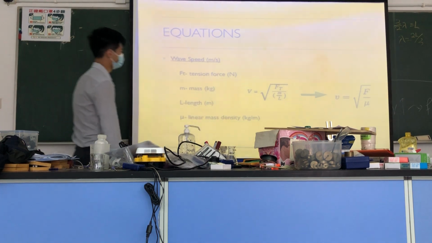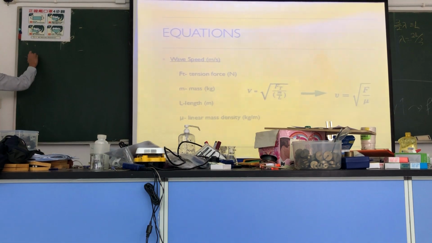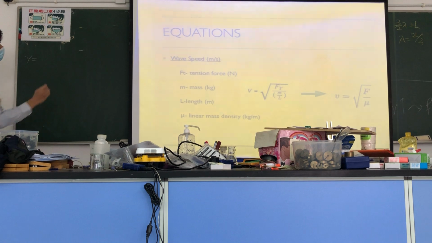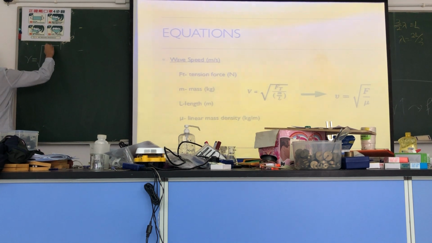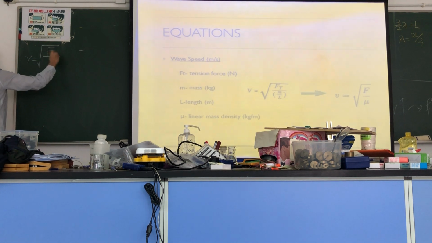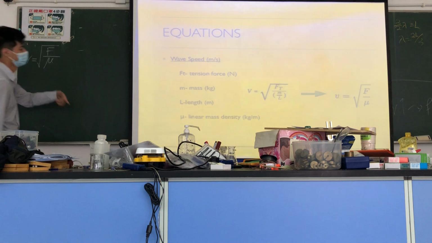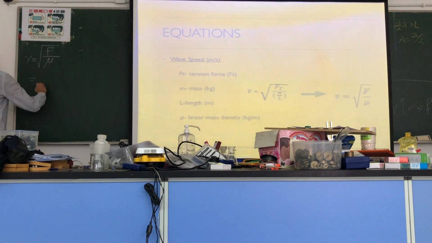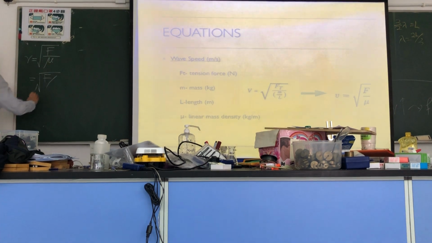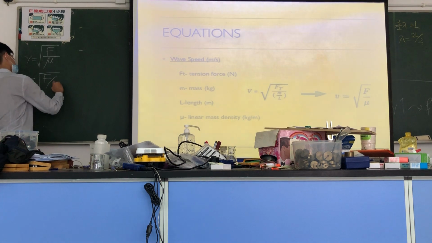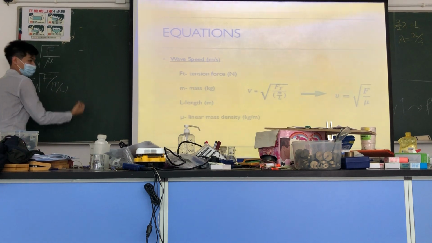The velocity of the wave along the string equals the square root of the force, the tension T, over mu. This mu is the linear mass density, which equals m over L.